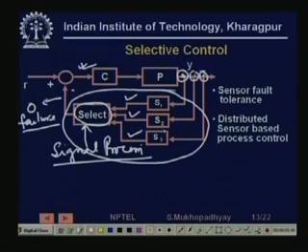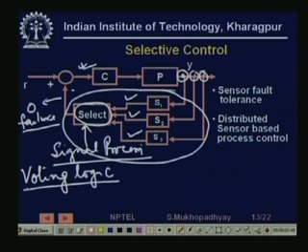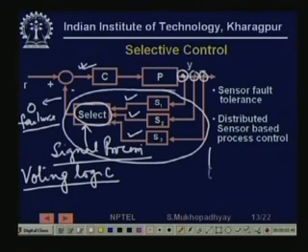So what people often do is that they take S1, S2, and put 3 sensors to sense the same variable, and then they put a voting logic. That is, if all 3 of the sensors are working normally, they have not failed, then their readings are going to be very close. If any one of the sensor readings goes significantly away, so 2 of the sensor readings are here while the third one is here, it means that the third one could be faulty.